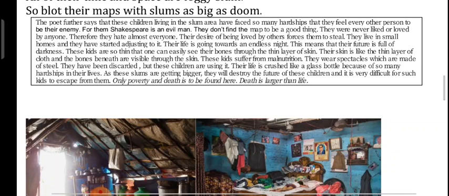As these slums are getting bigger, they will destroy the future of these children, and it is very difficult for such kids to escape from them. Only poverty and death is to be found. Death is larger than life. This is what the poet says in the third stanza.